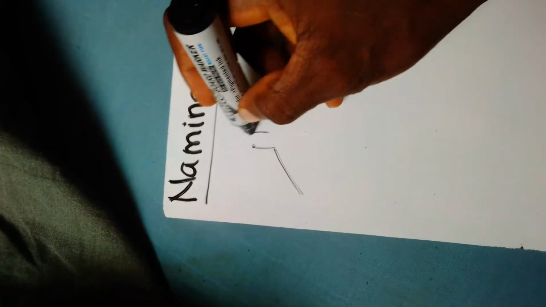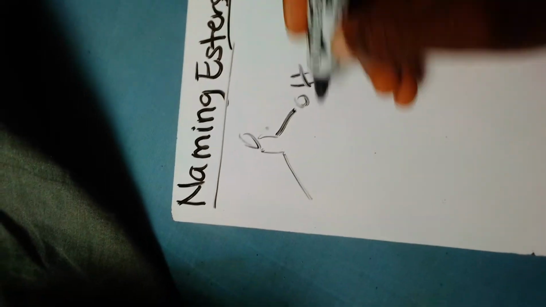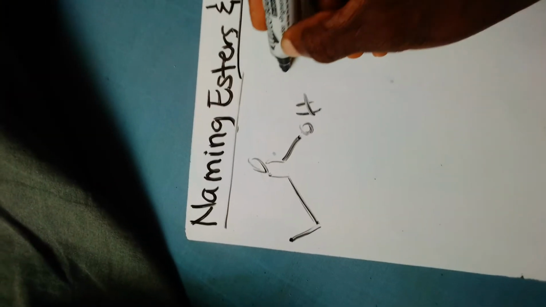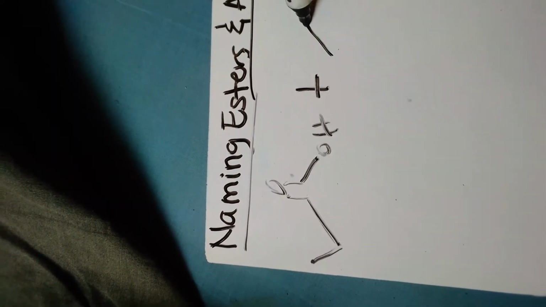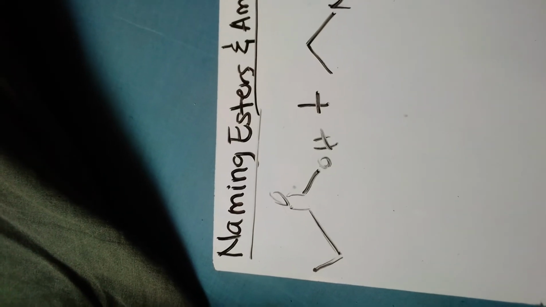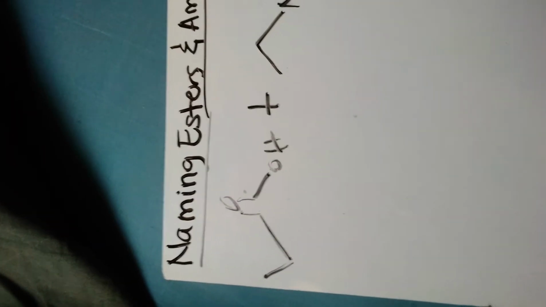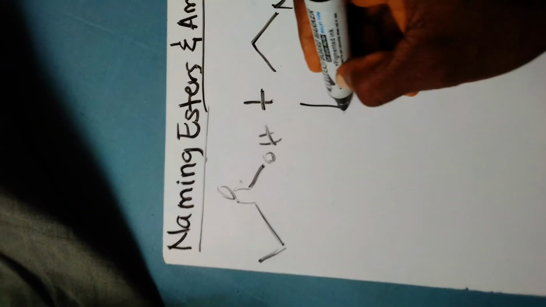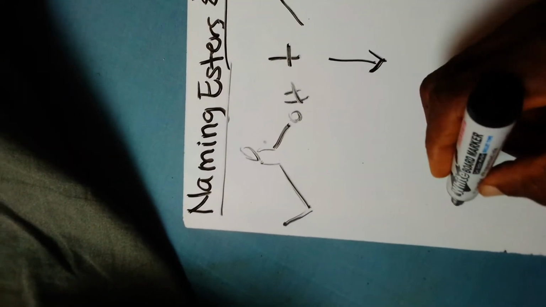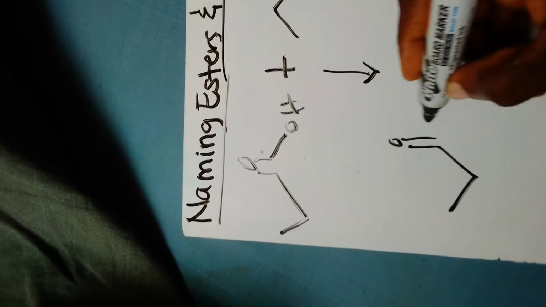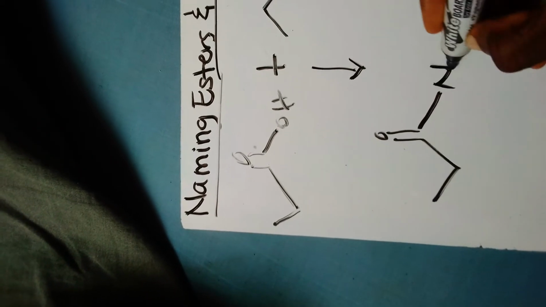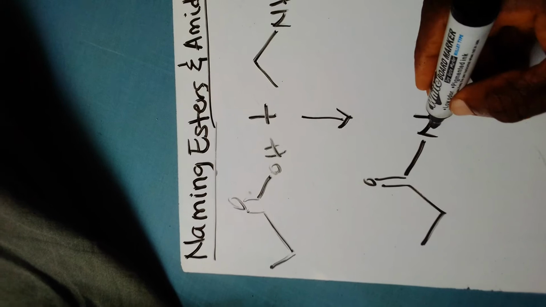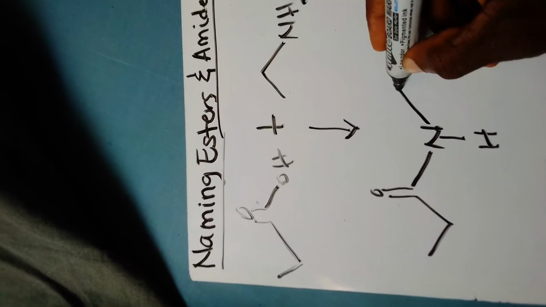So let's say you have this plus this, which is an amine. These two will interact to produce this amide. One of the hydrogens will be displaced, and you have one hydrogen left here.